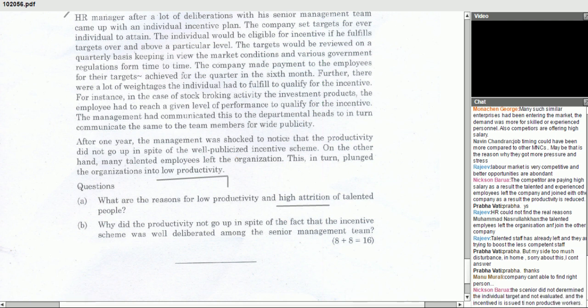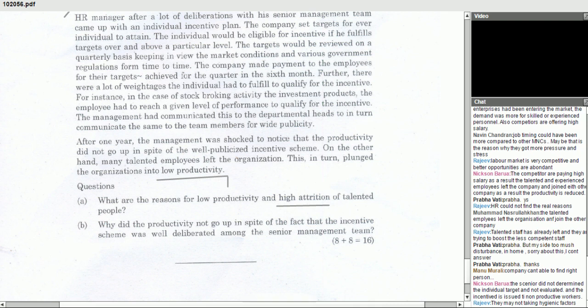Don't you think so? They are welcoming talented employees without the bar of this performance-based incentive. The senior did not determine the individual target and not evaluated it. Yeah, correct, Nixon. And also there is no target pressure in the new company. Right.